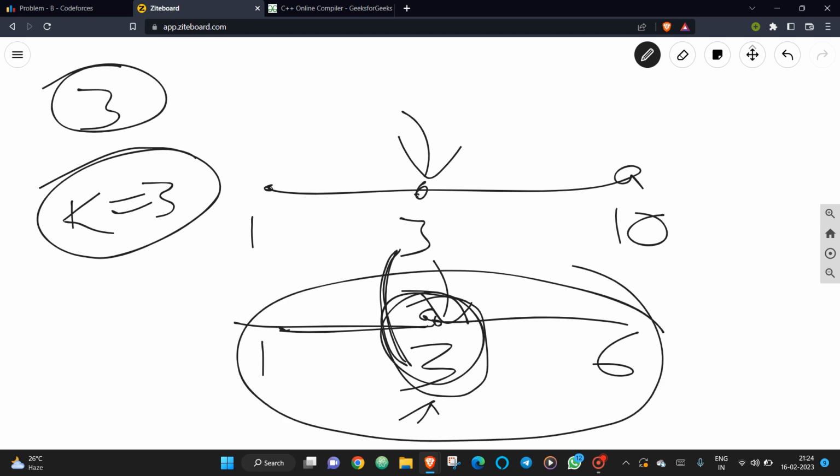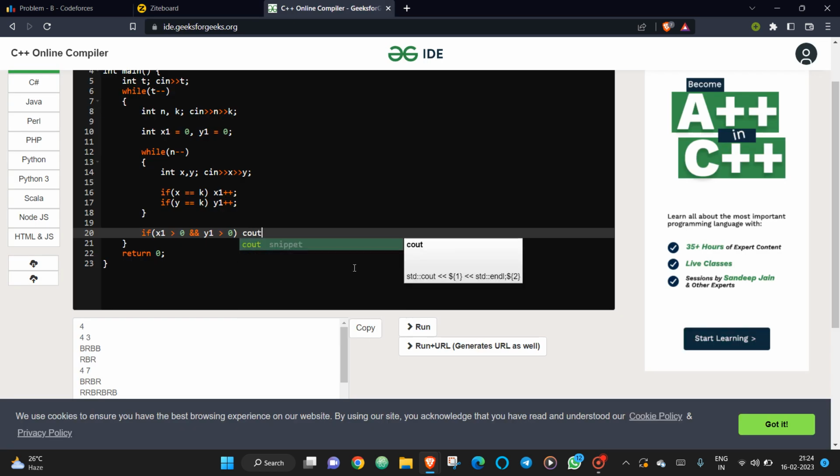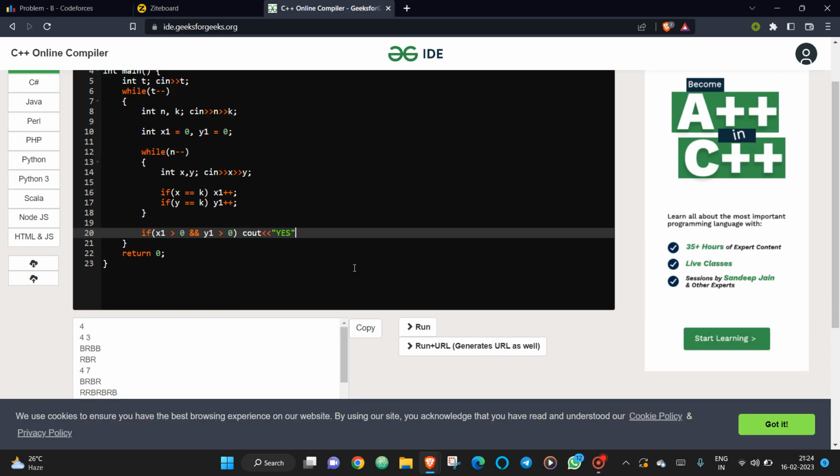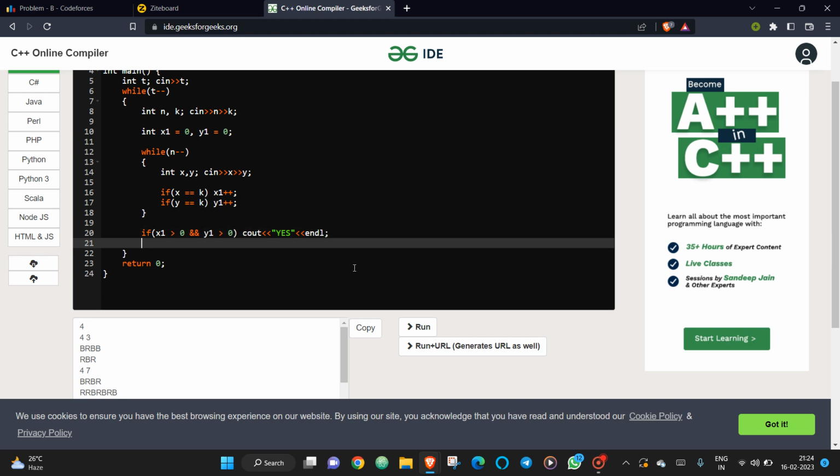Then you can get the overlapping of that number in these ranges. Then our 3 will be visited 2 times, and the rest of all the numbers will be visited only once. Then our answer is possible, right? Then we will print yes, else we will print no, right? So that's what it is.